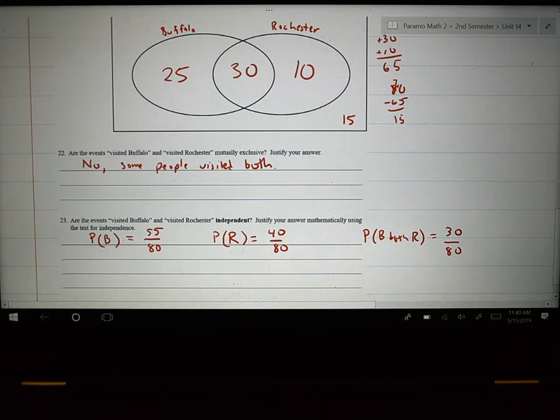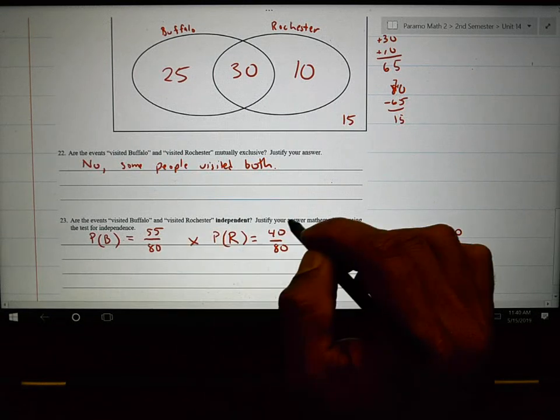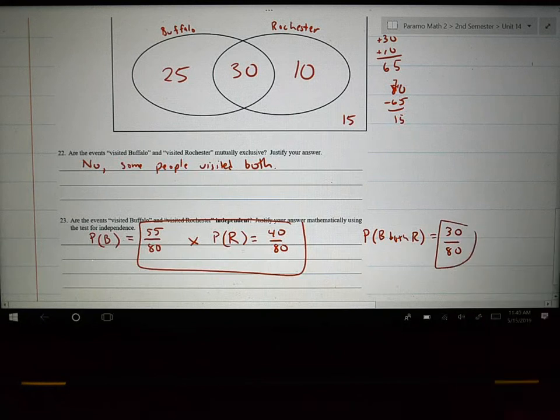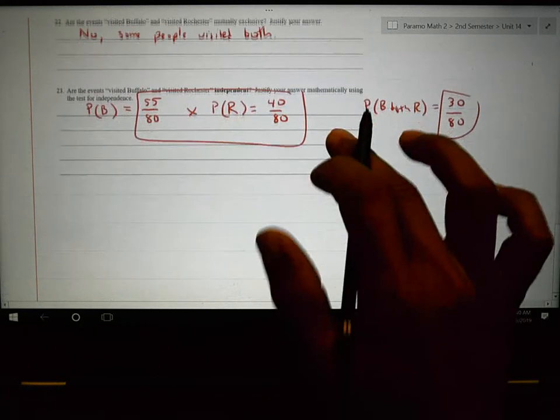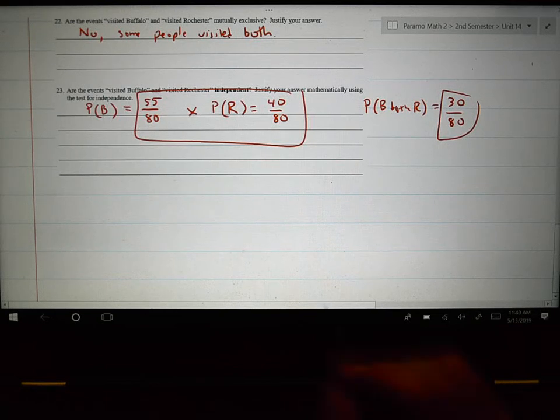So if I want to know if it's independent, then what I'm checking to see is, what does this times this equal? And does that equal the 30 over 80? That's what we're checking to see. So I'm going to take my calculator, I'm going to press 55 over 80, and I'm going to multiply that by 40 over 80, or 1/2, same thing.